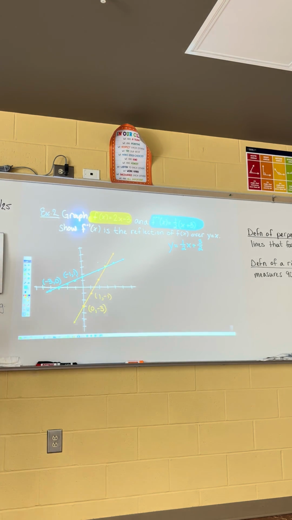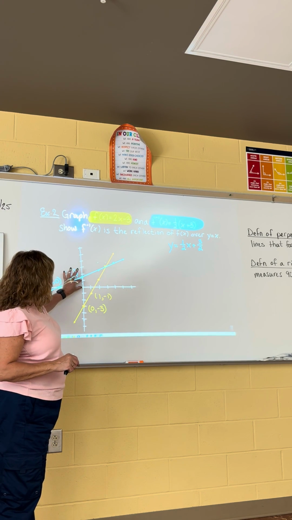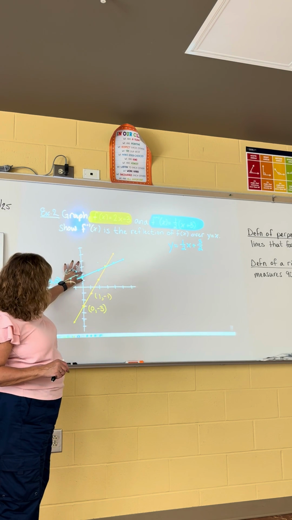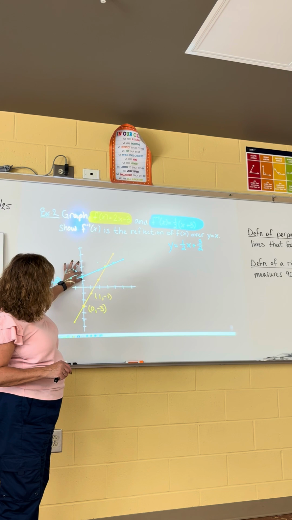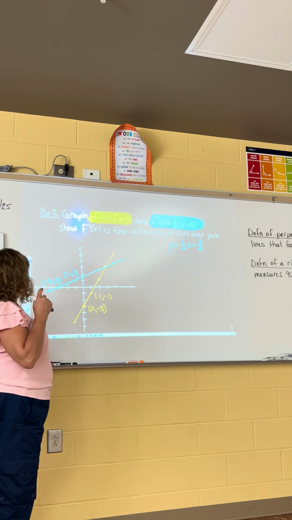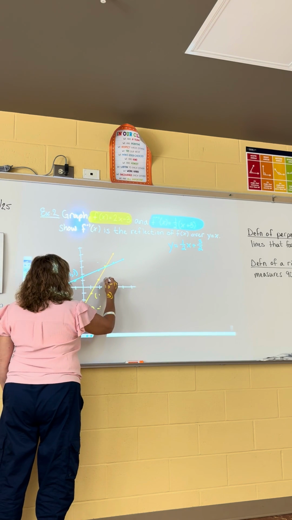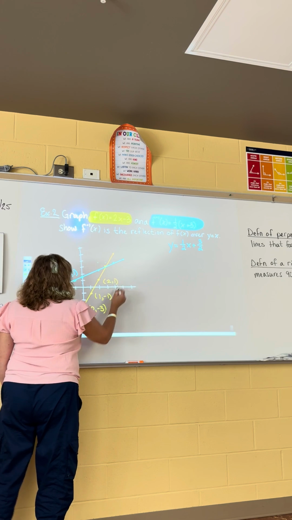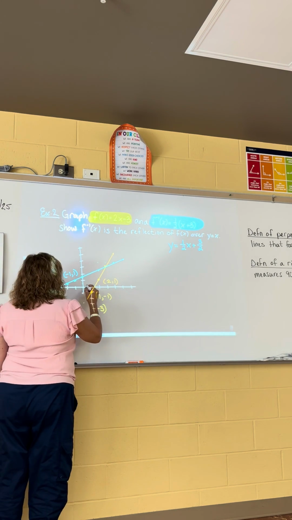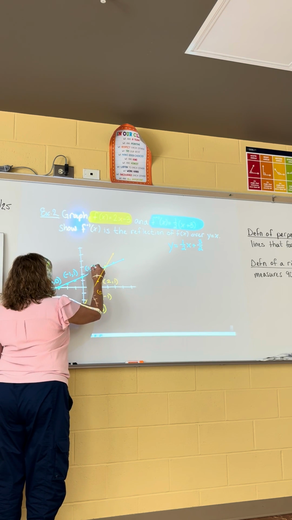I do try to keep the distance between my tick marks the same, but I'm obviously off. So 0 to 1 is not the same distance as 1 to 2, but I do try. Mine is just a hair off, and my line just kind of goes like this. Okay, let's try 2, 1. Let's show 1, 2 is on the graph. Ooh, I'm really good right there. Great job.